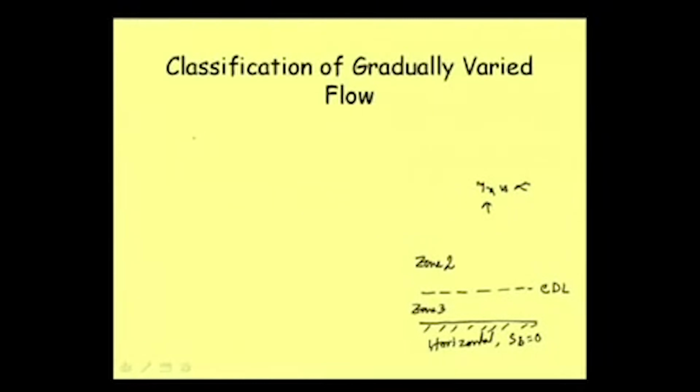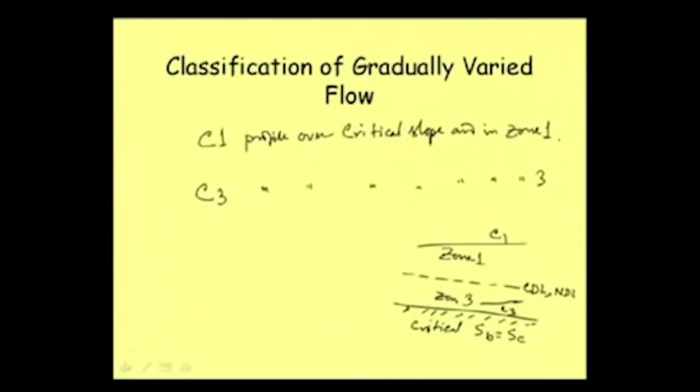That is, to represent horizontal we write H. H, the first letter, represents the type of slope. Like that earlier also you could see that C represents critical flow and the second digit represents in which zone it is.